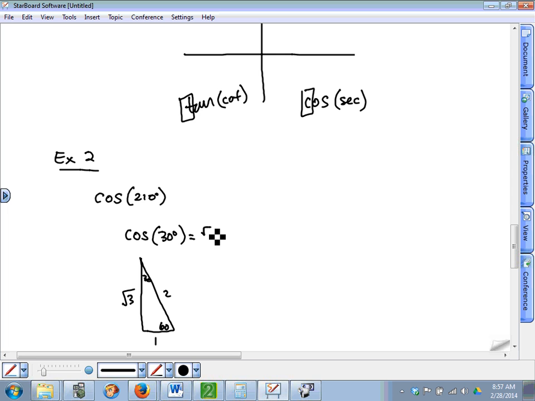That's the cosine of 30 degrees. Now, is that the answer for the cosine of 210 degrees? No. It's negative. Why do we have to make it negative? Because we're in the third quadrant, and only tangent's positive. Everything else is negative in the third quadrant.